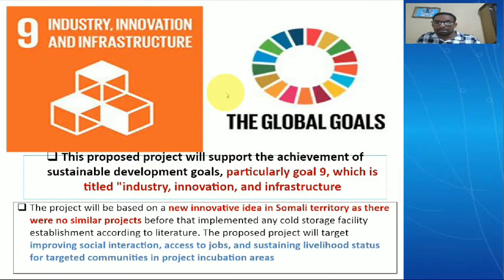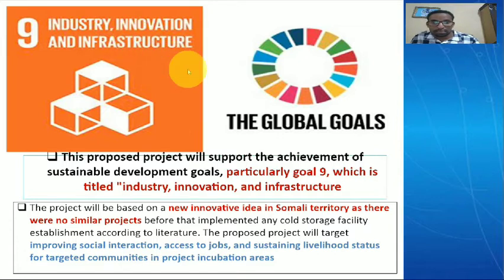So, as I earlier mentioned, our project is going to support one of the sustainable development goals as per request by the assignment instructions. So here is the goal our project will support. Goal 9 is industry, innovation, and infrastructure.